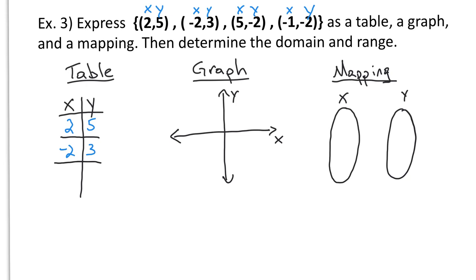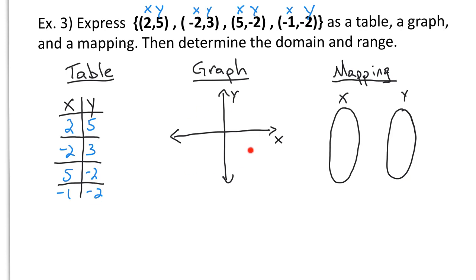The next point we have a 5 and a negative 2. And the last one we have a negative 1 and a negative 2 again. So here, that's our T table, or our table. You have the X values of the points in one column and the Y values in the second column.